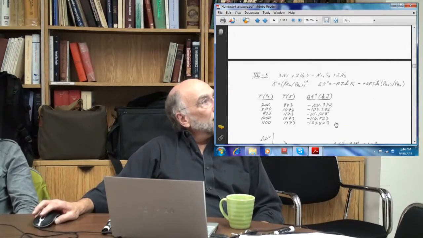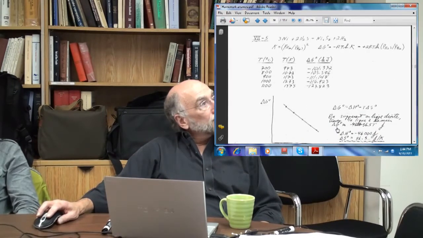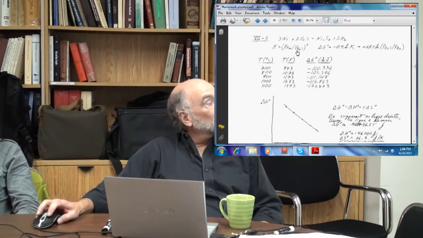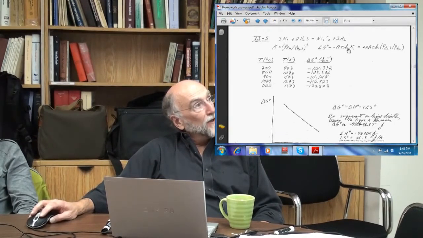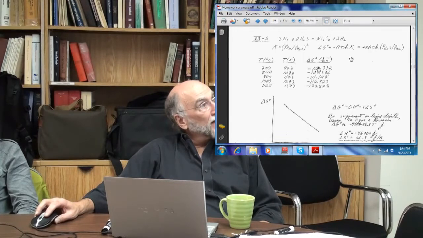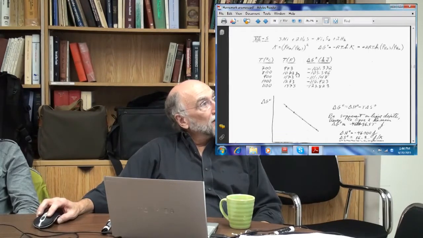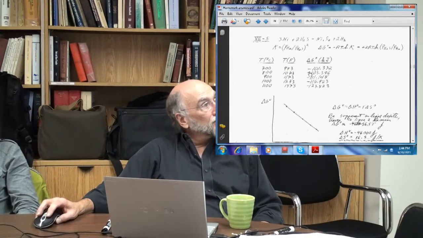Okay, so that's the reaction. The equilibrium constant is the ratio of the partial pressures at equilibrium, which you measure, and then delta G naught is given by that. So I've calculated delta G naught from the data at different temperatures.